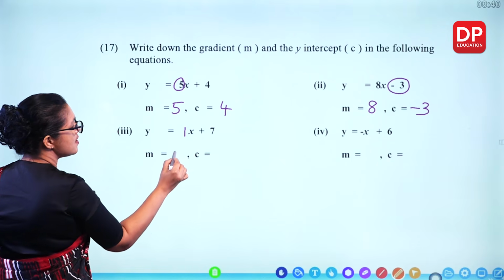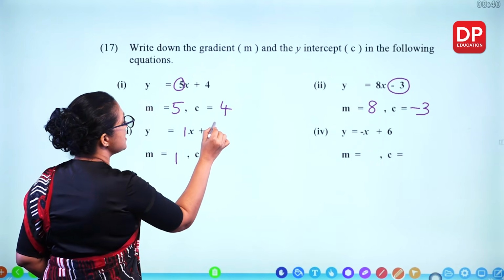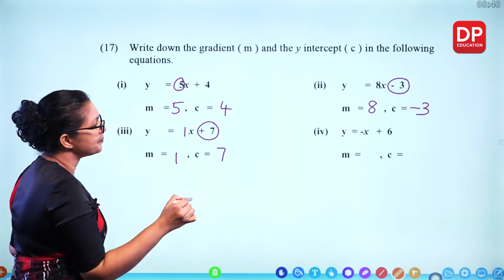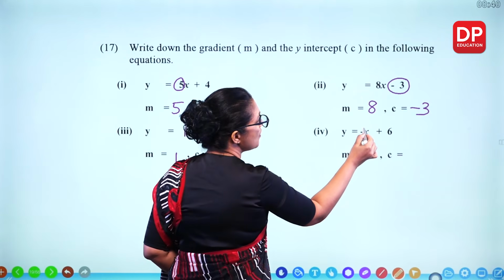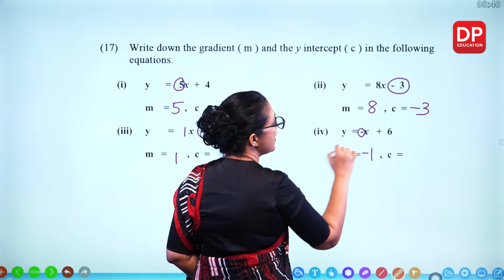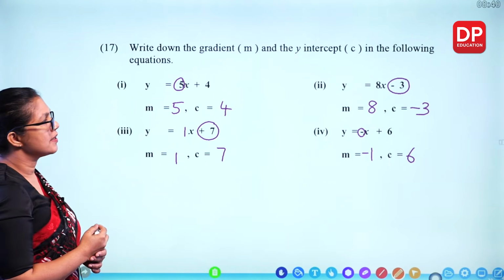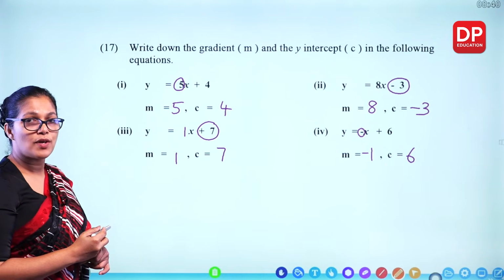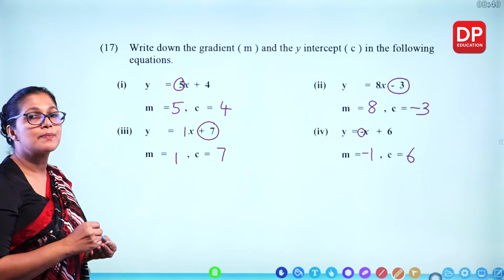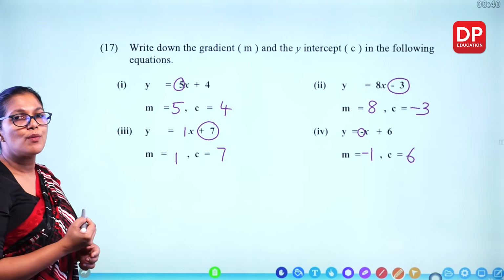Here nothing means this is 1. Gradient is 1 and y-intercept is plus 7. This one, what's the coefficient? Minus 1. That's the gradient. Plus 6 is the y-intercept. So when you are given a straight line in y equals mx plus c form, identify the gradient and the y-intercept.